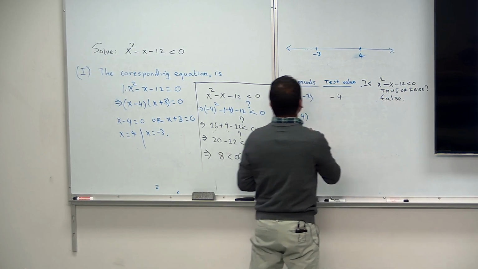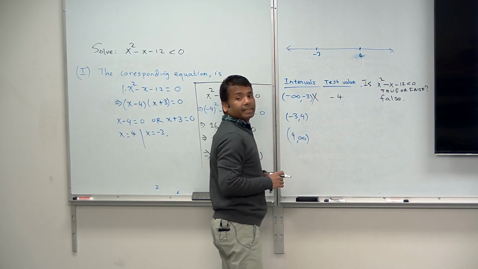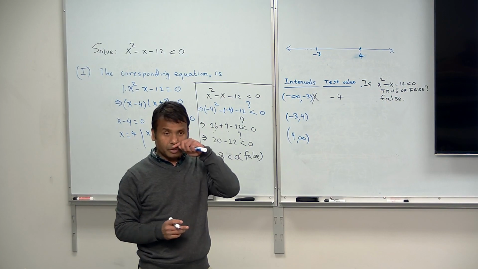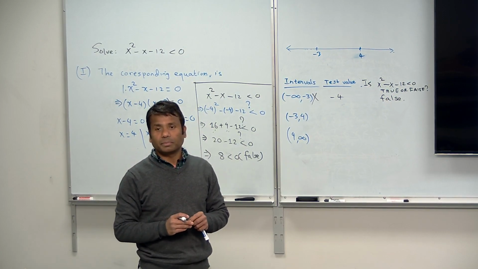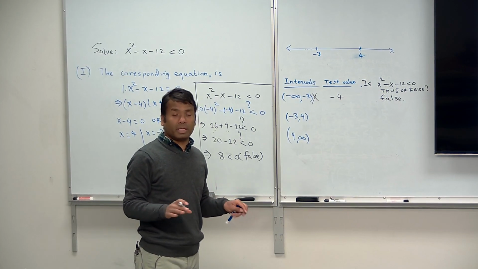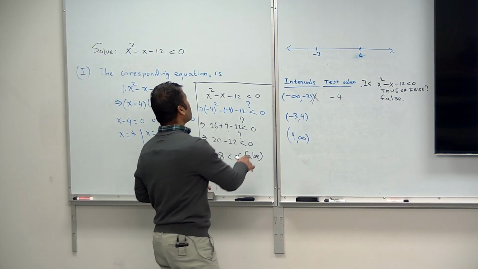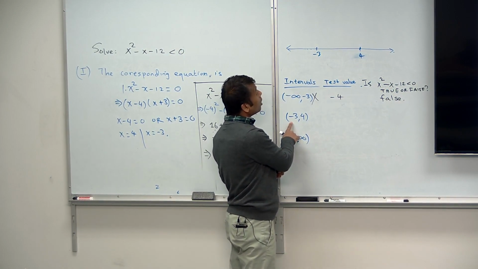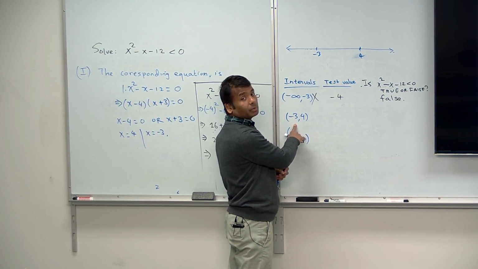So that means this interval is not a solution to the given inequality. Now let me repeat the same process for this interval. So what do you want to pick as a test value?